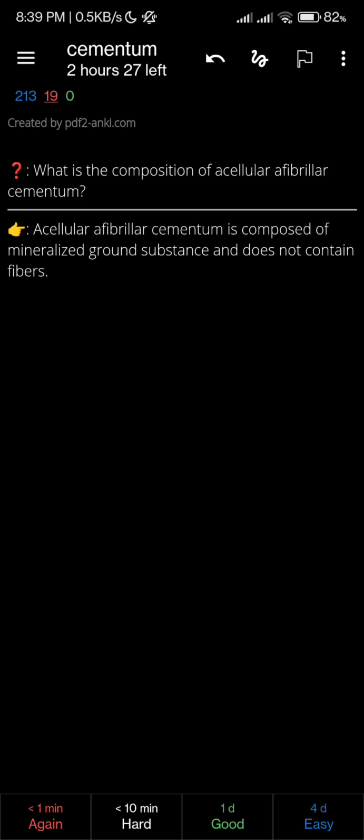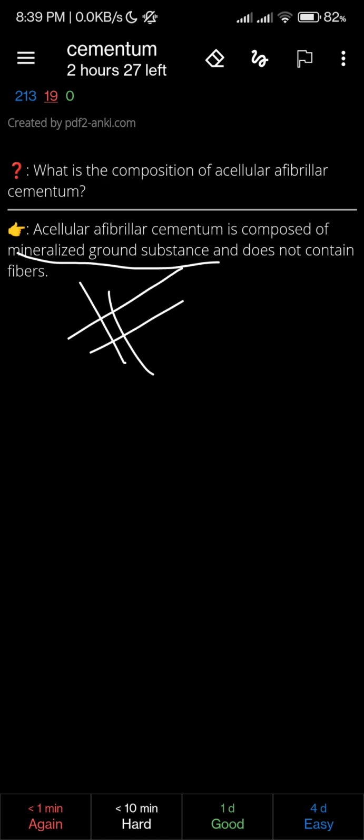What is the composition of acellular fibrillar cementum? It does not have fibers, and contains mineralized ground substance.